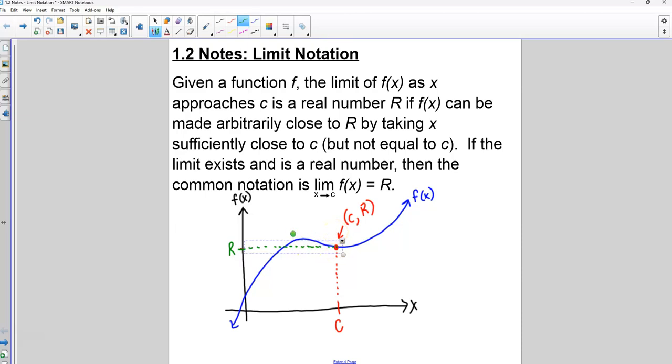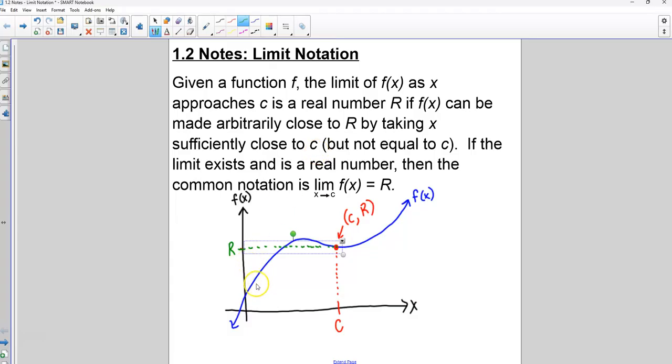Now, for a limit to exist, you actually can have a closed circle or an open circle right there. It doesn't have to be a closed circle. It could be like a hole in the graph at that point. And we'll talk about that more when we talk about actual limits. But what it's saying is that as x approaches c, f of x can be made arbitrarily close to R by taking x sufficiently close to c.